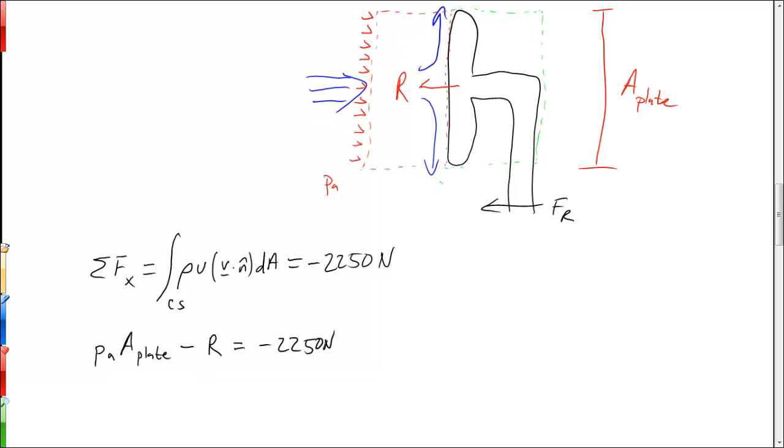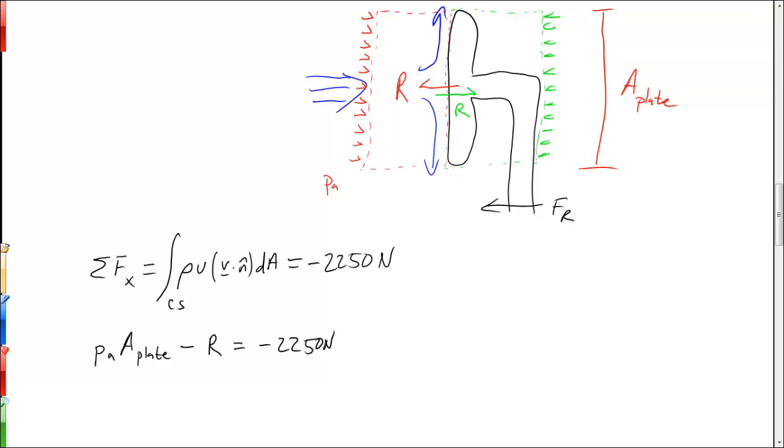And we see for the control volume in green here, there's atmospheric pressure acting on the right side of this control volume. There's a force here, R, which is equal and opposite to the force that the plate is putting on the water to the left.